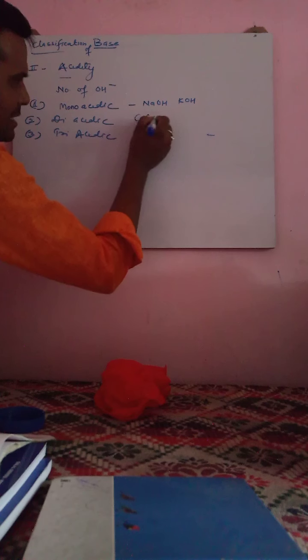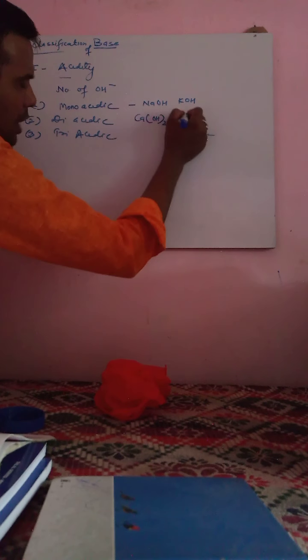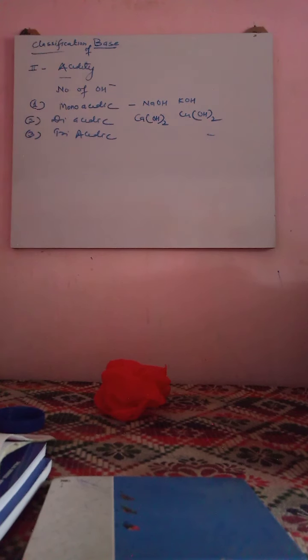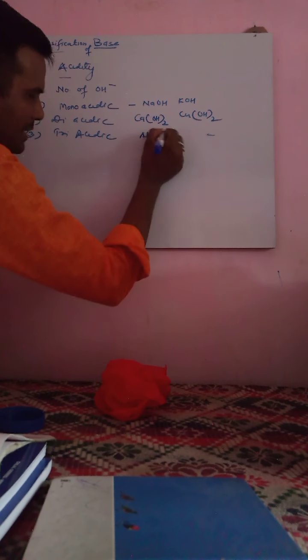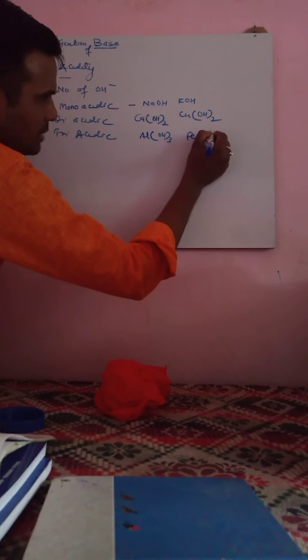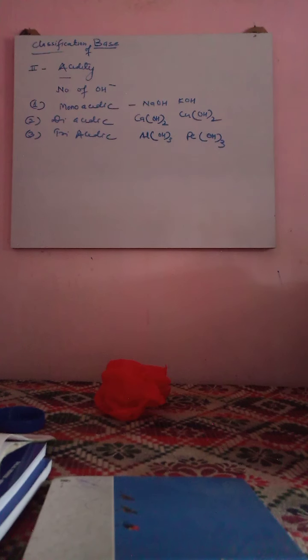Diacidic, calcium hydroxide and cupric hydroxide, and triacidic, aluminium hydroxide and ferric hydroxide. Clear? So on the basis of acidity, we classified base as monoacidic, diacidic and triacidic.